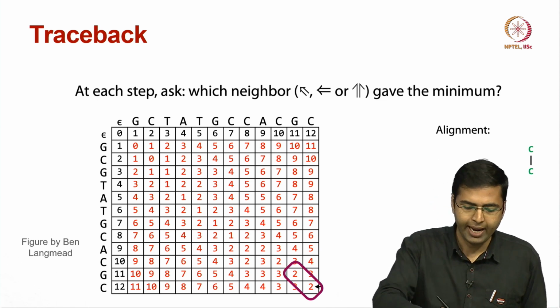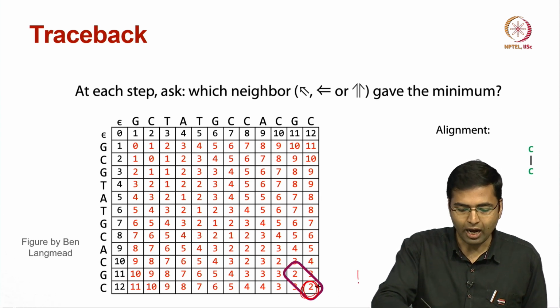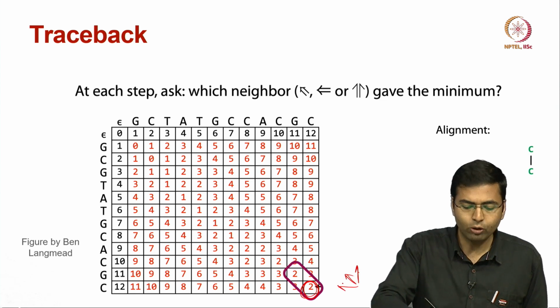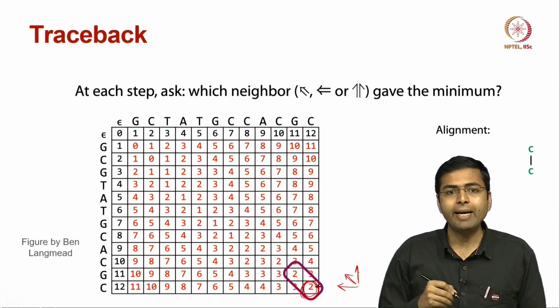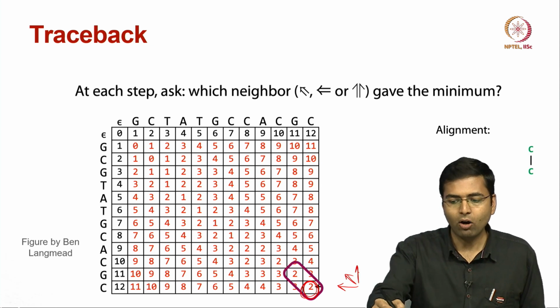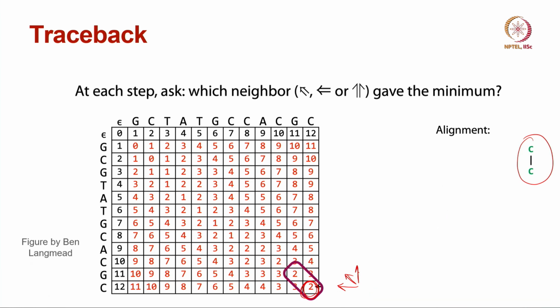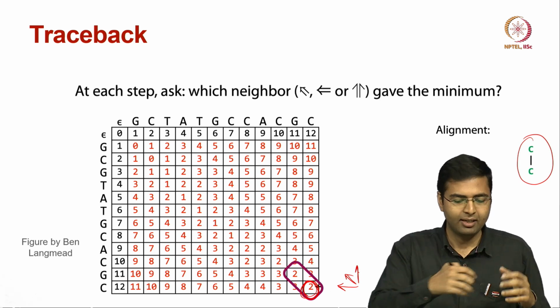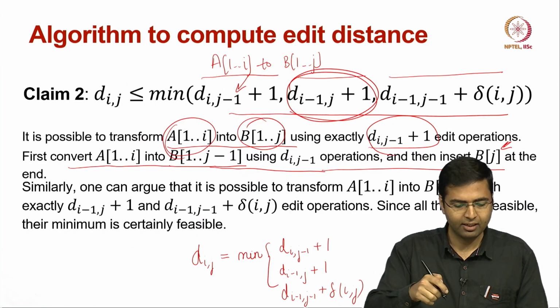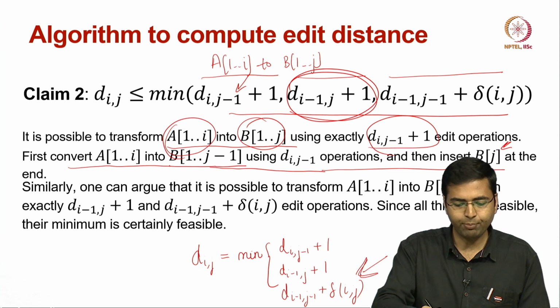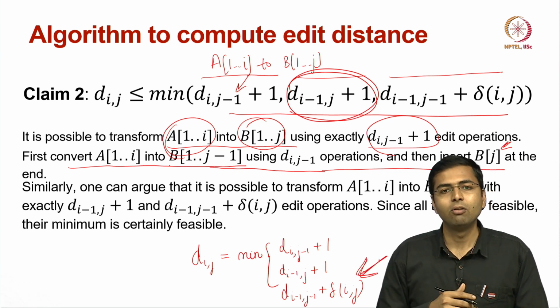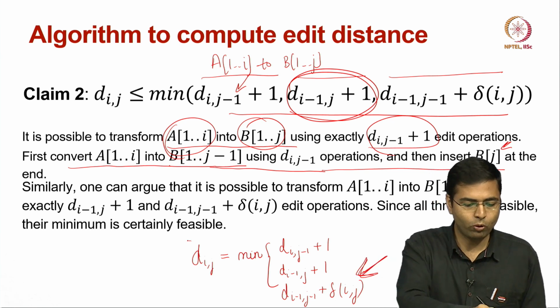So, for example, at this character I can check whether I computed my score based on the value above, or did I use the value on the diagonal, or did I use the value on the left. Depending on the choice I made, I can accordingly define my alignment. In this case it looks like this score was computed based on its upper diagonal value, which means that in the recursion I would have used this particular way of achieving my score Dij.